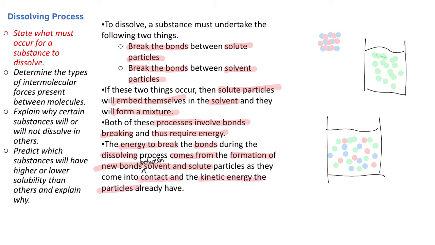When a new bond is formed between solute and solvent, it produces energy, and if that energy is sufficient to break the bonds between solutes and solvents, then the dissolving process will occur.